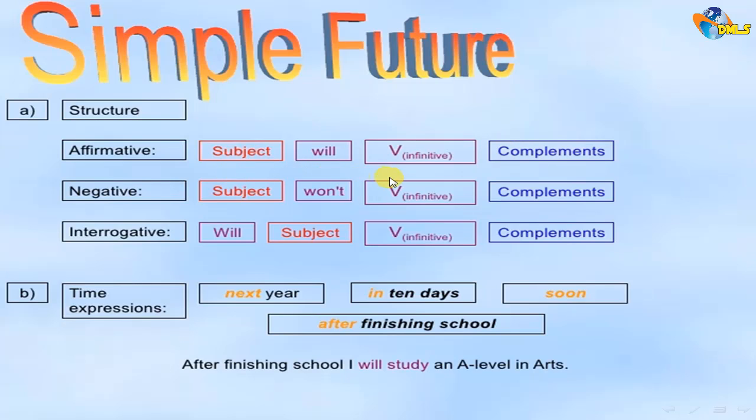He won't drive a car. Will you drive a car? Time expressions: next year, in 10 years, soon, after finishing school. After finishing school, I'll study an A level in arts.